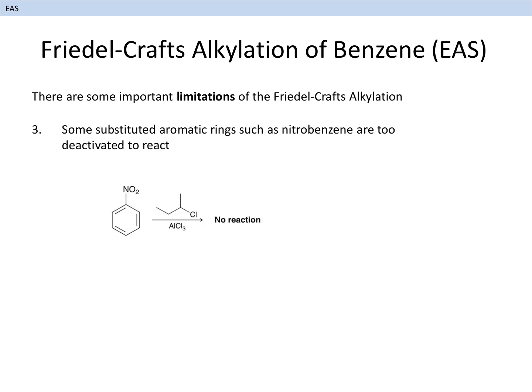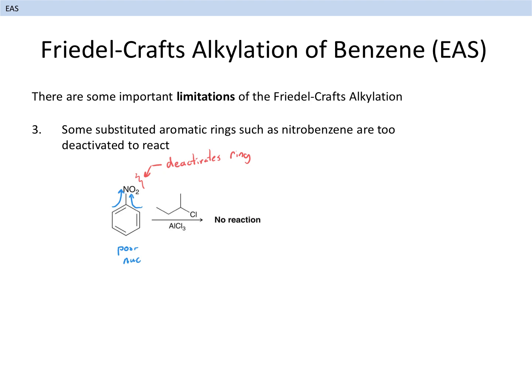Another significant limitation of the Friedel-Crafts alkylation reaction is that some substituted aromatic rings are too deactivated to react. For instance, nitrobenzene is highly deactivated due to the presence of the nitro group, which has the formula NO2. The nitro group is a strong electron withdrawing group, which reduces the electron density of the benzene ring, making it less nucleophilic, and thus less reactive towards electrophilic attack.